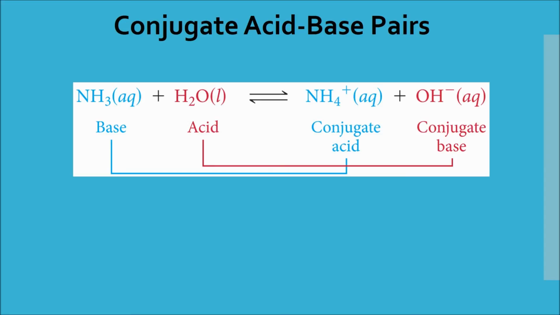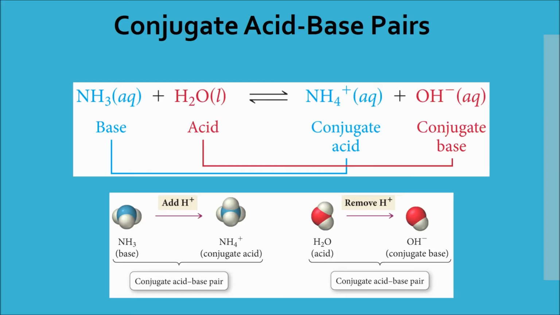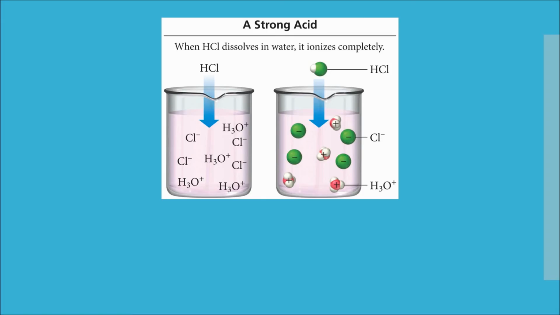So we call each reactant and the product that it becomes a conjugate pair. In this example, ammonia is the base, and it gains H plus ions to form the ammonium ion NH4 plus, and that's its conjugate acid. Meanwhile, H2O is the starting acid, and it reacts to form the conjugate base, which is OH minus.